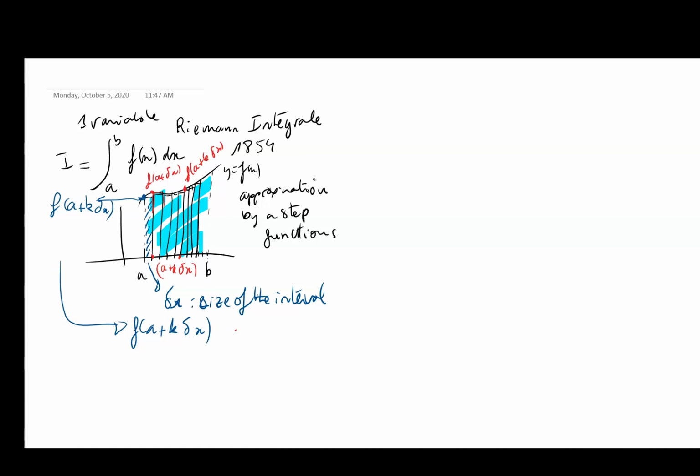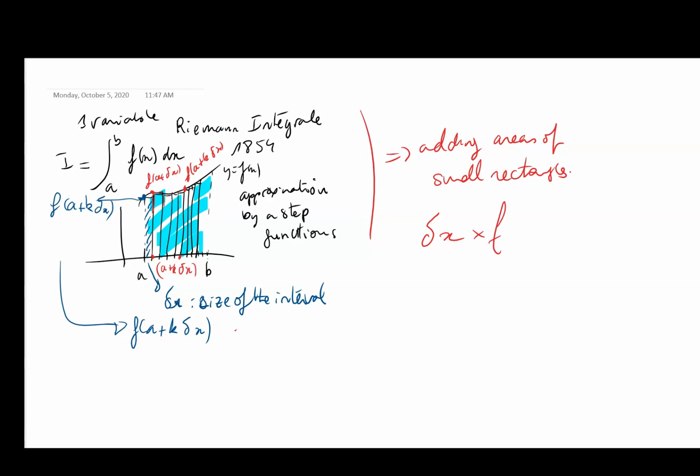Okay, so now it's going to be very simple to add areas of rectangles. We are adding areas of small rectangles. Okay, and all my areas are going to have the width of the bottom part of my rectangle equal to delta x times the value of my function.